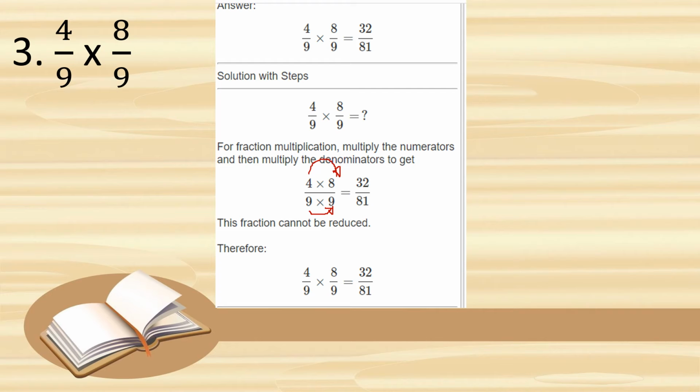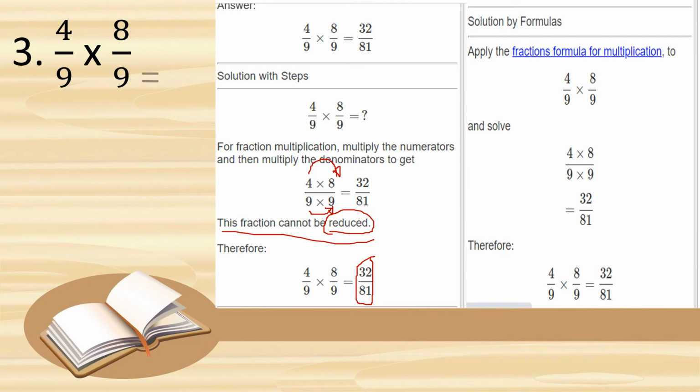Okay, this fraction cannot be reduced. The fraction cannot be simplified or reduced, so the answer will remain as is. Therefore, 4 over 9 times 8 over 9 is equal to 32 over 81. Okay, class? So that's all for number 3.